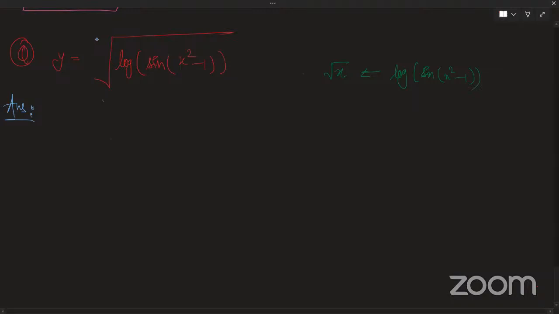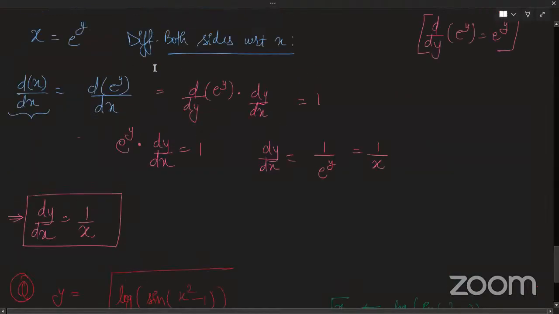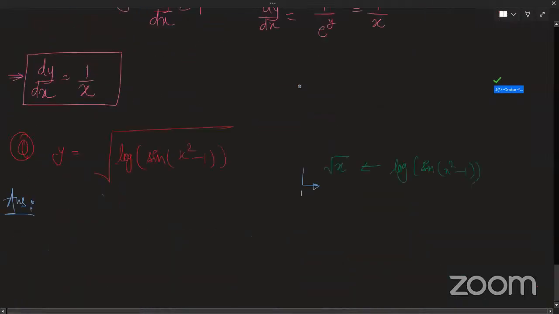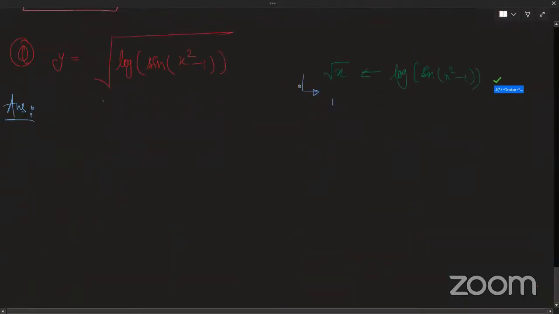So you approach it from the outermost side, you get square root of x. What is the derivative of square root of x? We have just calculated it right now. 1 by 2 root x. So when I get 1 by 2 root x, I can just substitute this whole thing inside this, right?